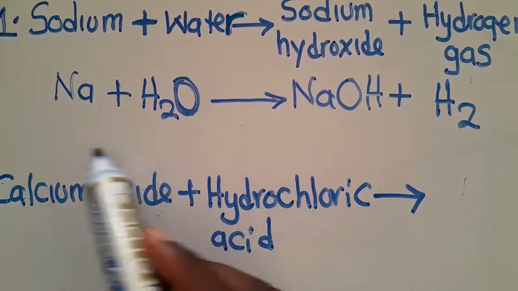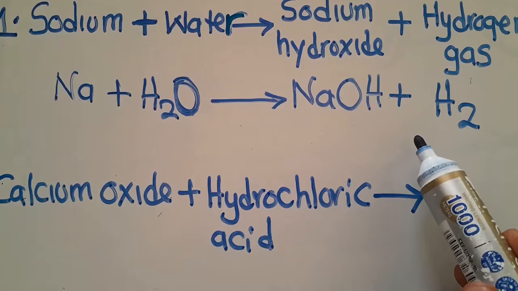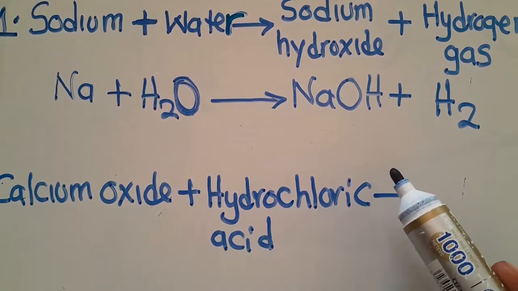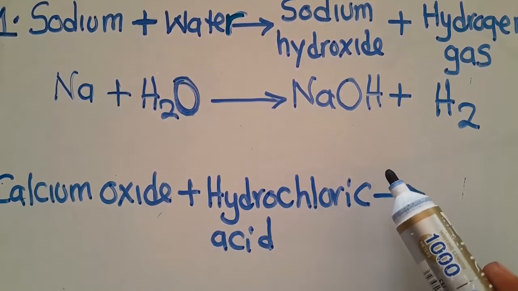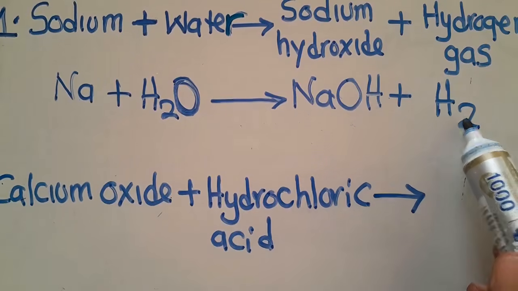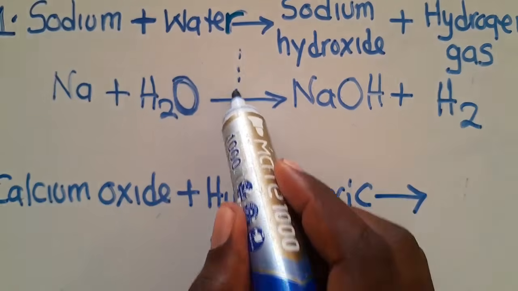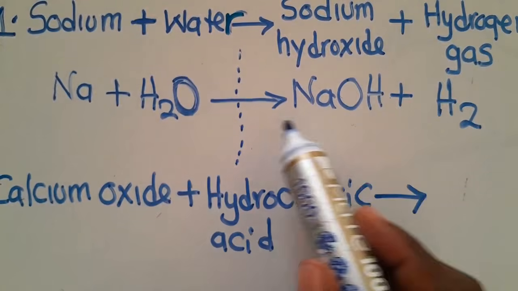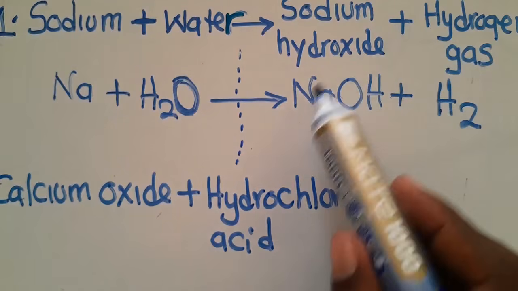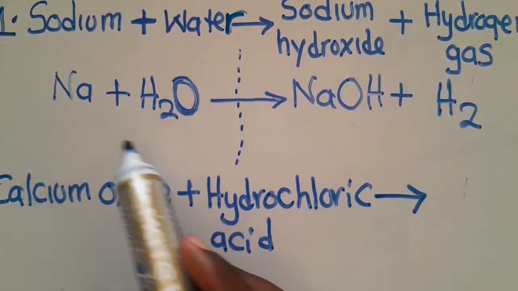This is a chemical equation that is not balanced. How do you balance such an equation? You ask yourself, how many atoms of hydrogen do you have on this side? When I say this side, you add everything on this side. You know that these are the products and these are the reactants.